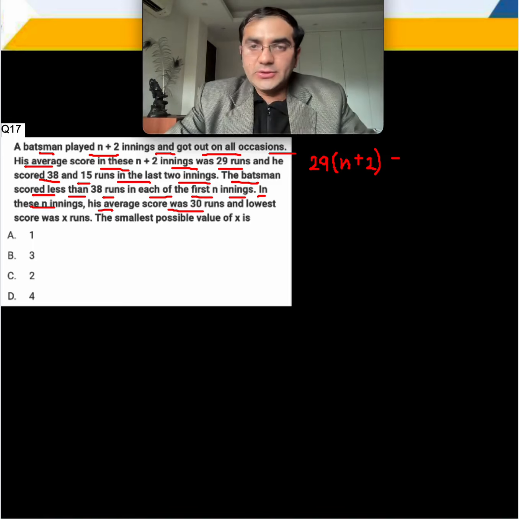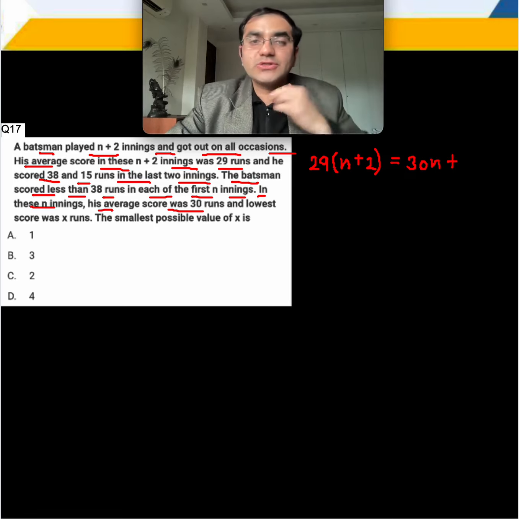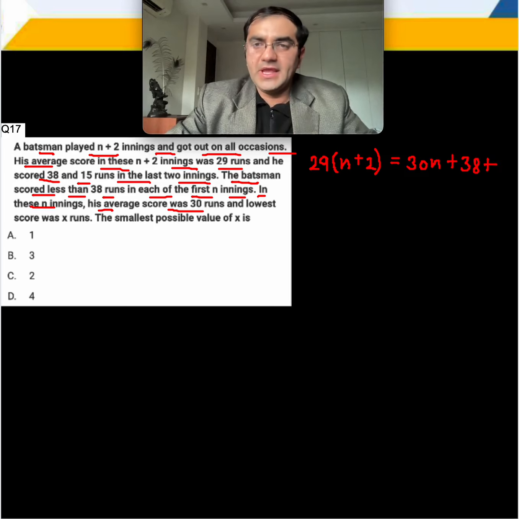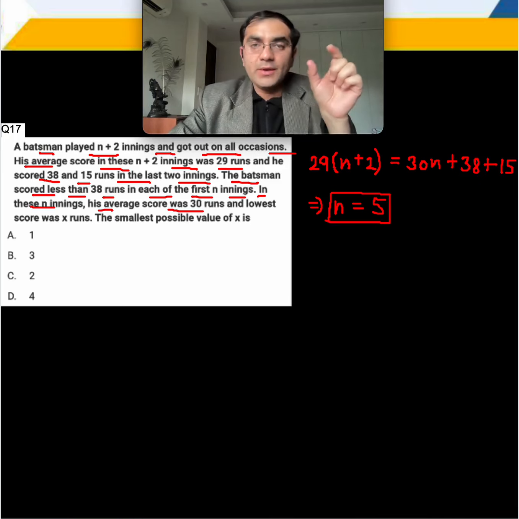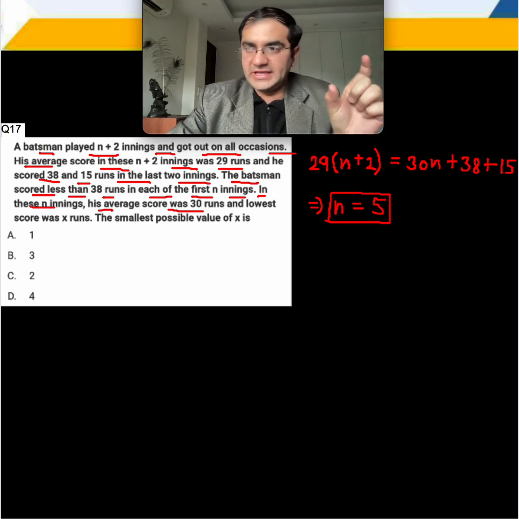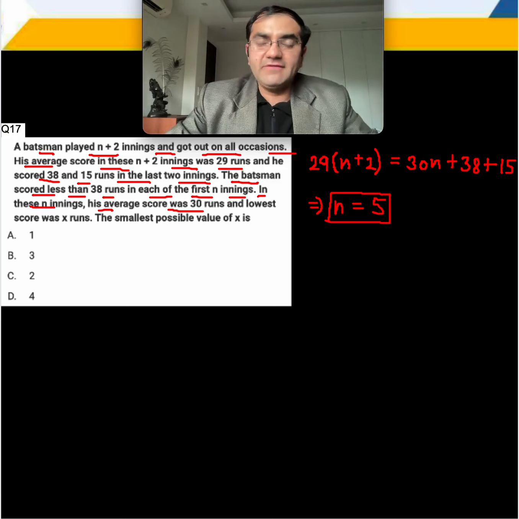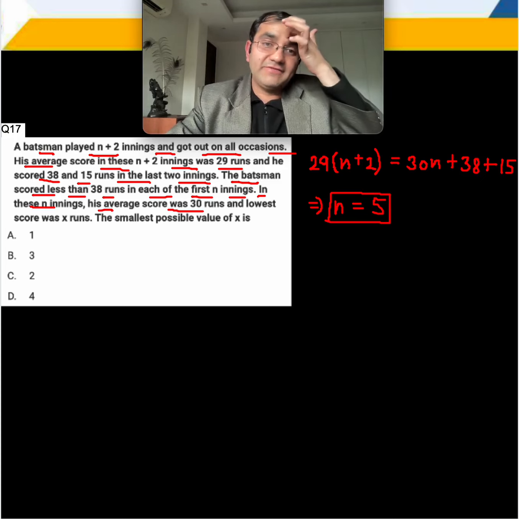So 29 into n+2 is equal to 30 into n plus the last 2 innings scores of 38 and 15. If you solve this, immediately you will get the value of n is equal to 5. Which means the first 5 innings have an average value of 30.